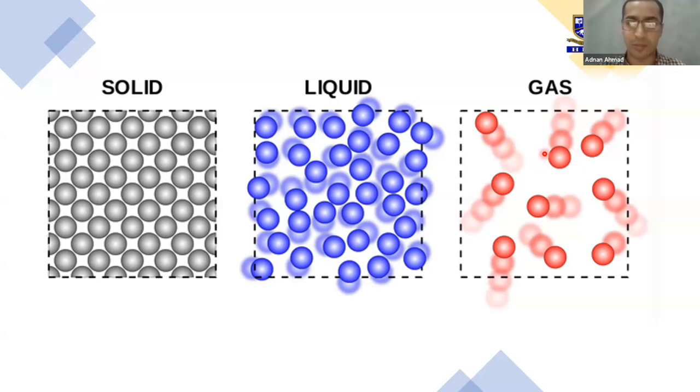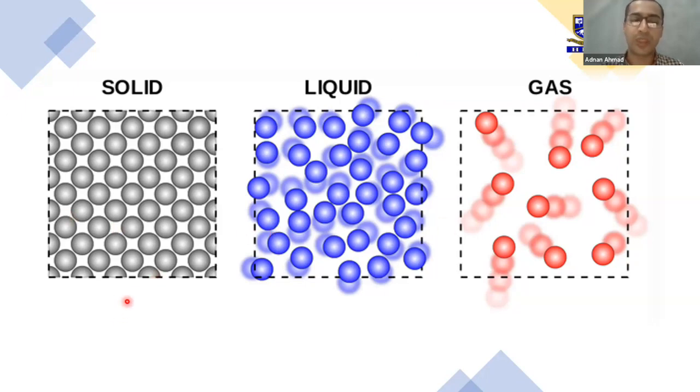So in gases, the potential energy would be minimum, very low, and the kinetic energy will be very high. And kinetic energy is directly proportional to the temperature. And it is true for all these three states.